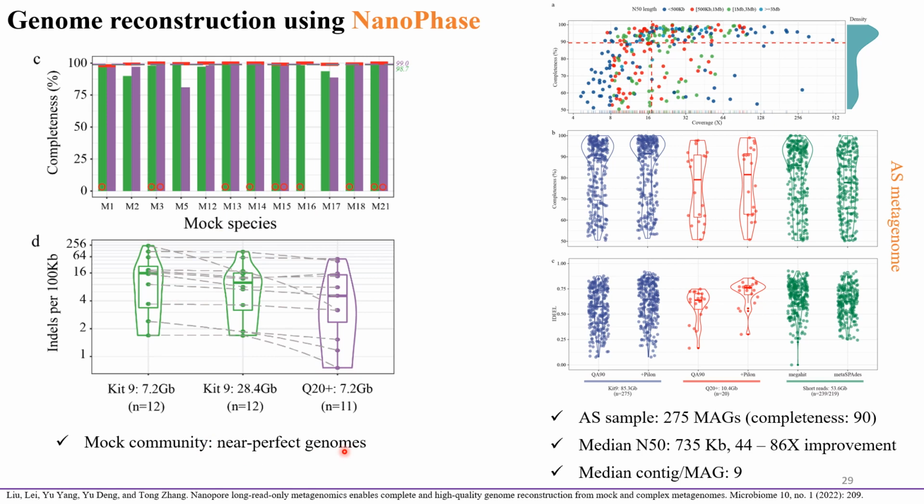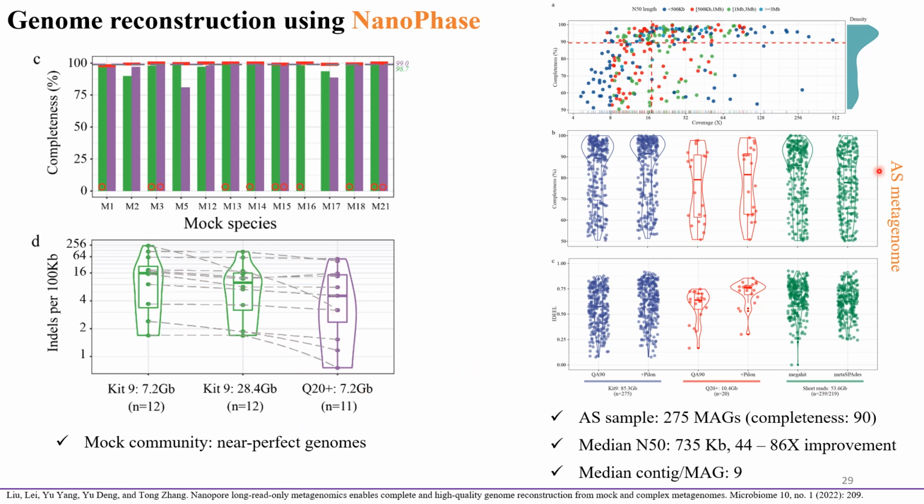We can see here, the median genome completeness of MAGs from both R9 and Q20+ datasets was 99%. We also see the index has been decreased significantly, especially when we use the Q20+ chemistry.